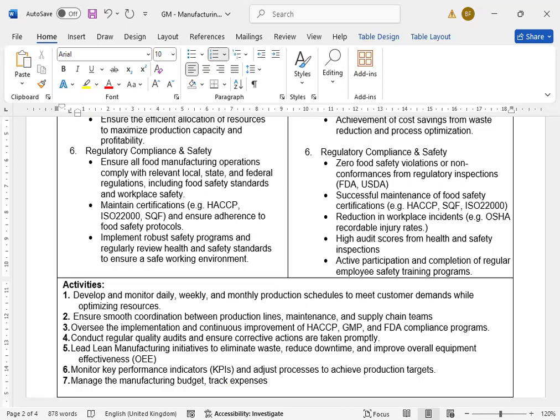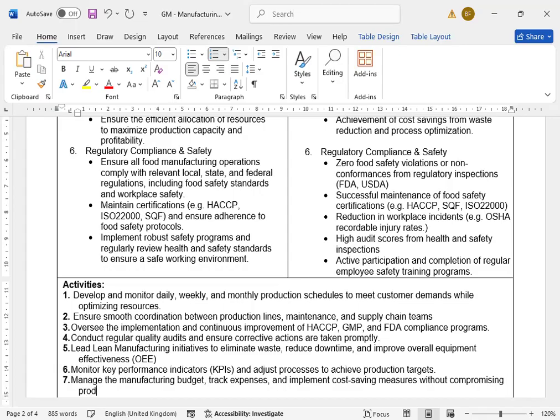Track expenses and implement cost saving measures without compromising product quality. Okay.